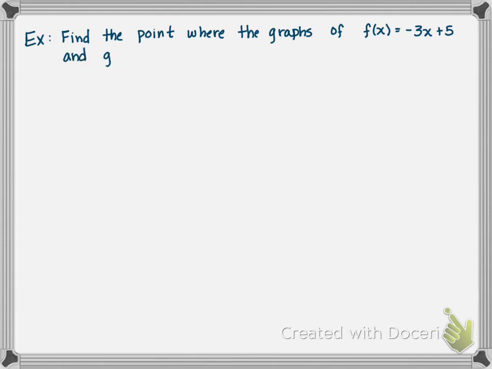Find the point where the graphs of f of x equals negative 3x plus 5 and g of x is 4x minus 5 intersect.